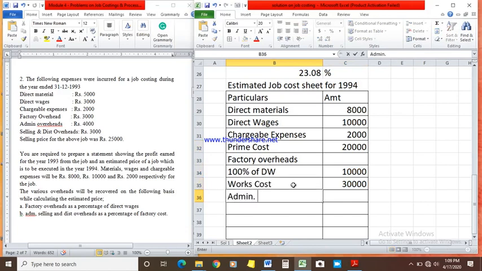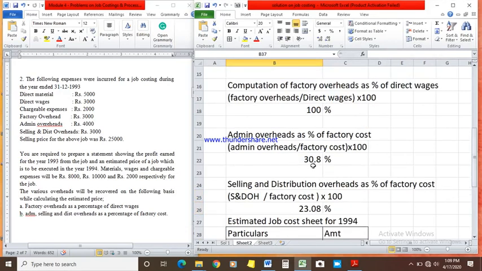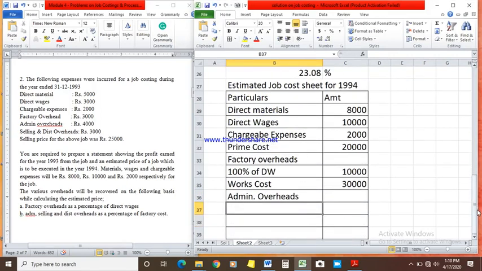Let's move on to the next, administrative overheads. Now this administrative overhead is recovered at 30.8% of factory cost. So I'll write here 30.8% of factory cost or works cost, both mean one and the same.